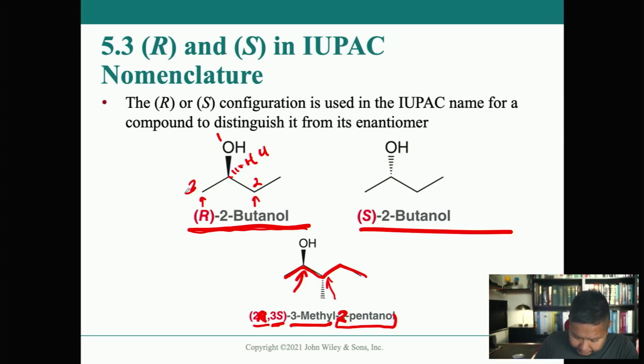So we can count, right? 1, 2, 3. And again, this hydrogen back here that's pointed backwards, I didn't have to put it over there. It would be the same thing if it were over here, right? So that's 4. Okay, that's clockwise direction. That makes it an R. Okay, that makes it an R. Okay, good stuff, good stuff.